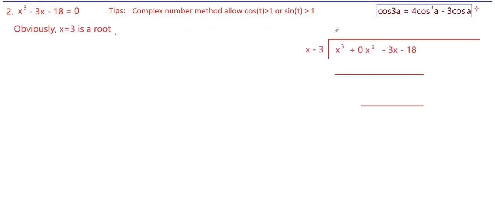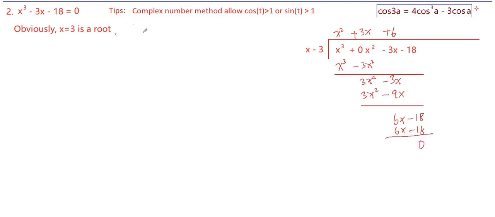From the long division method, we have x squared, x cubed minus 3x squared, plus 3x squared minus 3x, and it becomes 3x squared minus 9x, and this minus this one is 6x minus 18, plus 6x minus 18 equal to 0.